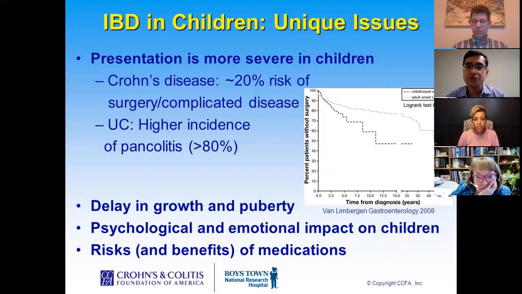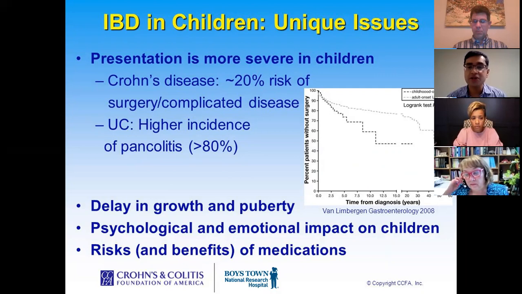When it comes to things like ulcerative colitis, most pediatric IBD patients present with what we call pancolitis, which is the complete colon being inflamed. And so that's a little different from the adults, I believe. And because of this, children also end up with a lot of growth delays. There's delay in many other aspects of their life because, as you know, young adulthood, teen years is a period of maturation, physiologically, puberty, sexually, bone health, so many aspects of it, and those all get affected by that.